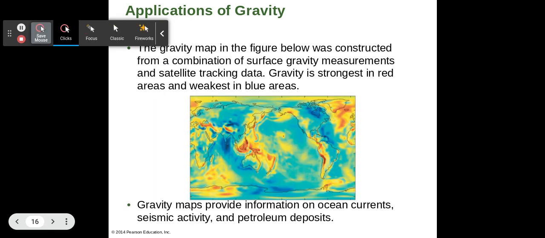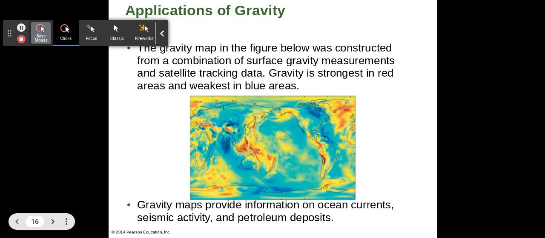Okay. So this graph is just a graph of the gravity. It's called the gravity map, and it's constructed by satellites. They take different combinations of surface gravity measurements and satellite tracking data, and they come up with places that have the strongest gravitational pull and places that have the weakest gravitational pull.